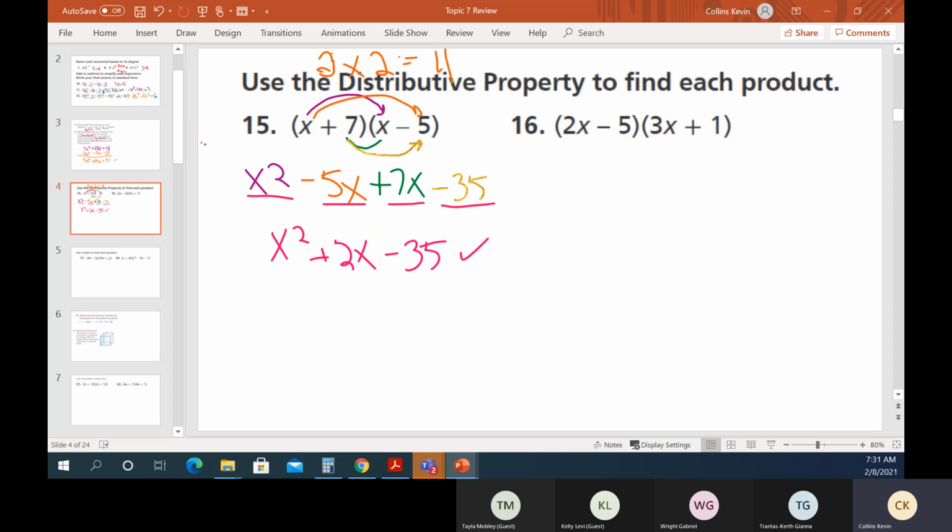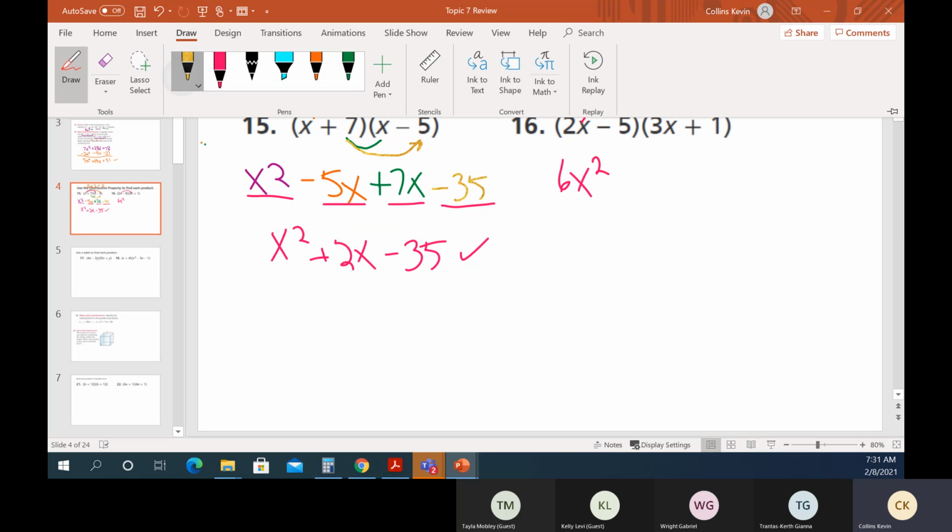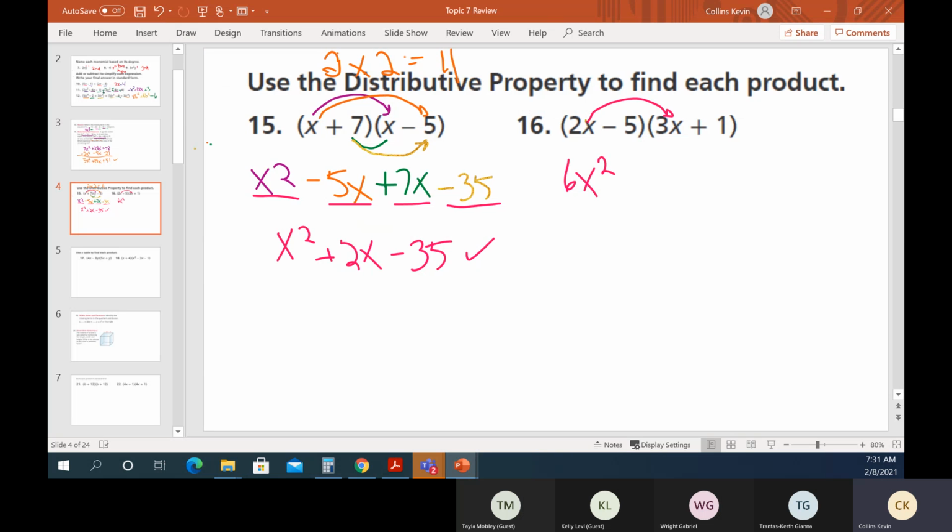So number 16 is pretty much second verse, same as the first. Except in this case, we've got a little bit bigger numbers, but that's not a big deal. So again, we start with these 2. We do the 3 times 2, that's 6. X to the first and x to the first is x to the second. Cool. All right, moving on. Then we do 2x times 1, that's just going to be plus 2x.